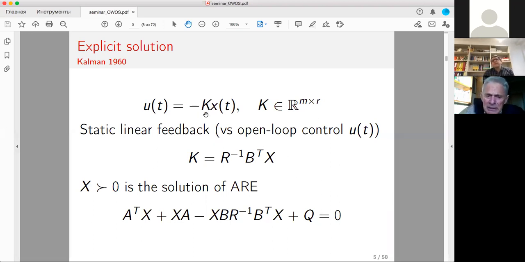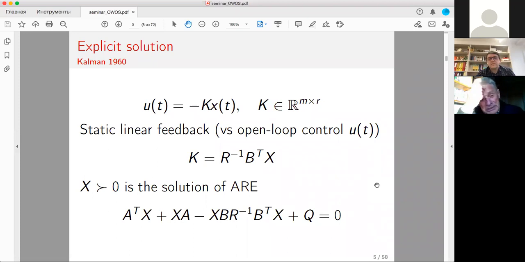This optimal gain K, which is stationary, doesn't depend on t, is expressed in this form, where the positive definite matrix X is a solution of the algebraic Riccati equation of this form.